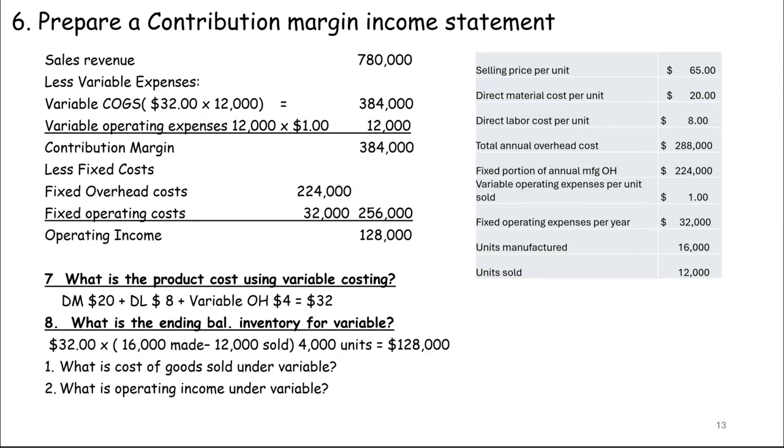What is the operating income under variable? It's 128,000. Now, here's something you can do when you're working a homework problem where they're asking you to do an absorption and a contribution margin income statement, and the units produced is different than the units sold. Do the reconciliation, because in the end, they have to be the same. So here's how you do that.